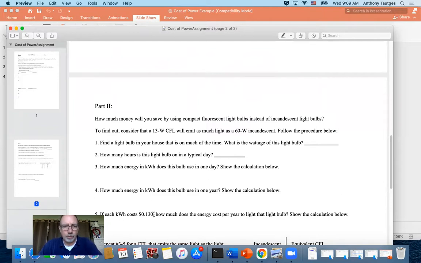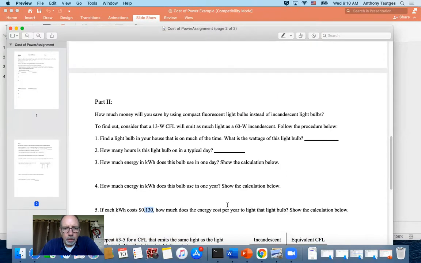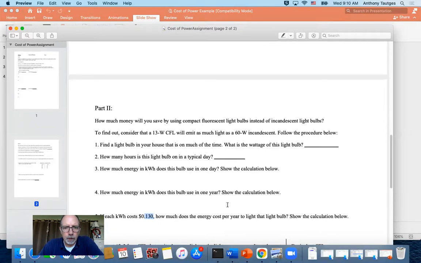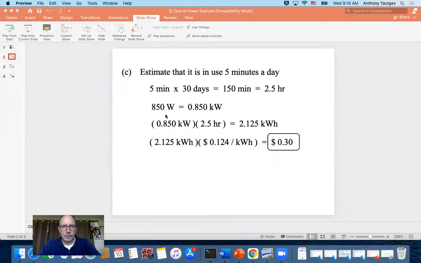I forgot to change this part of my sheet, so it'll be different by the time you see it. And then we're going to do that same calculation with an LED. So here's my example. I'm going to minimize this and get back to my example.